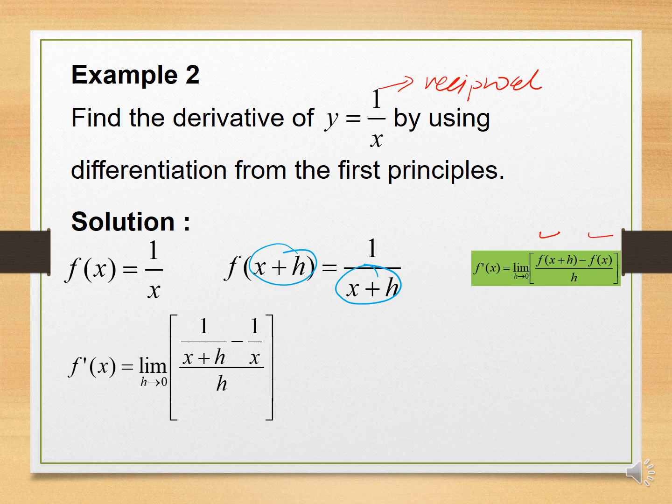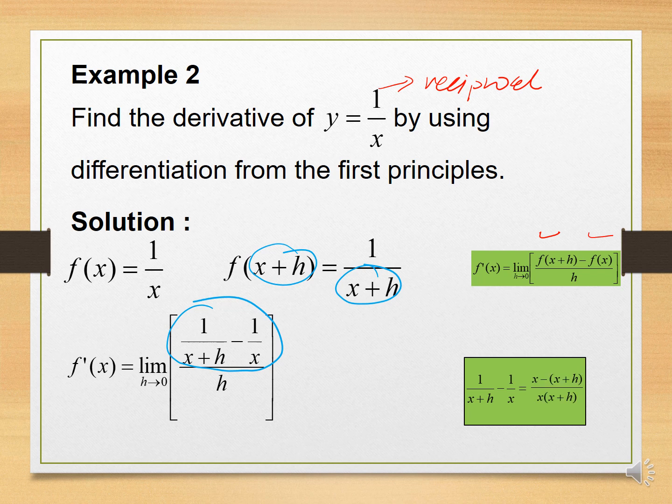Okay, so for this part here, before we proceed, we need to equalize the denominator first. So I just take out this part here. We do equalizing so that we equalize both of the fractions.